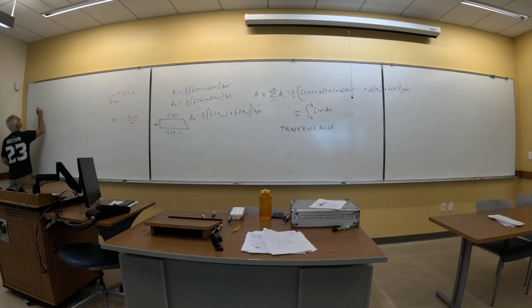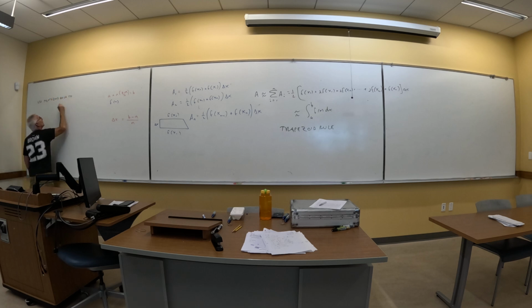All right, so here's what we want to do. I'm going to write it this way. We want to use the trapezoid rule to estimate, I'll do a simple one. The integral from, how about, I don't know, 1 to, don't go too big.